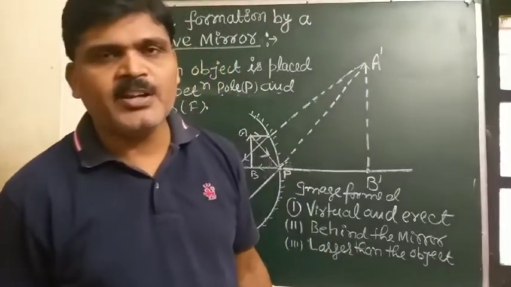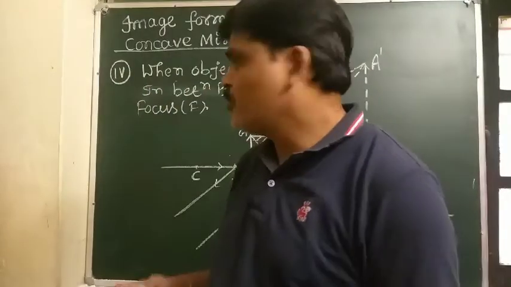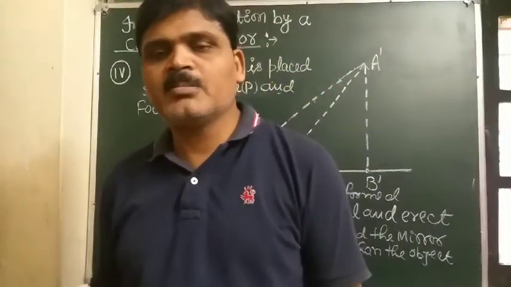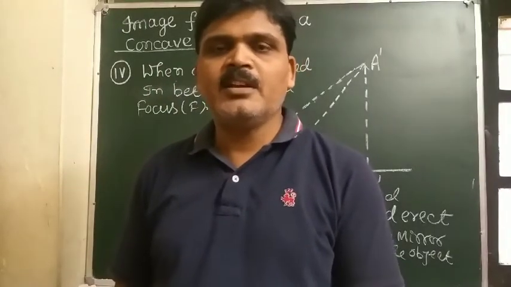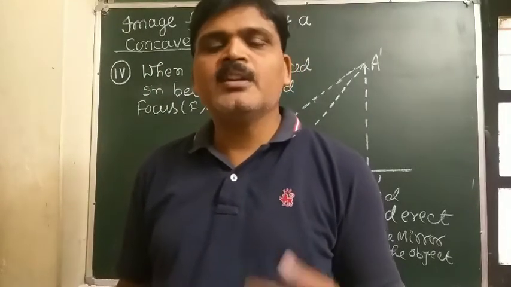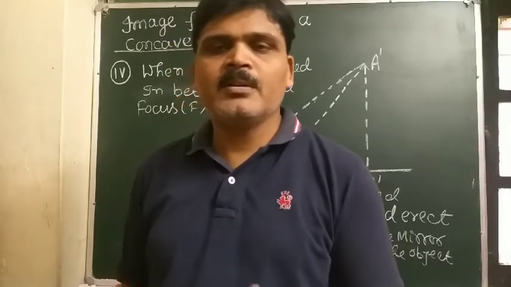This is the complete ray diagram for image formation by a concave mirror when the object is placed at different positions in front of it.